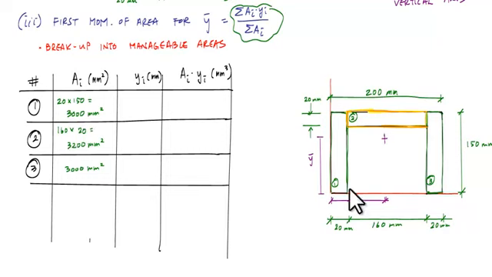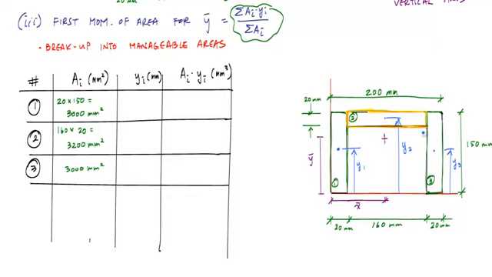Now the distance from the horizontal reference, the datum, to the centroid of each: for area 1, the centroid is right about here, so this distance will represent y1, as would right here be y3, and then the center of this would be y2.